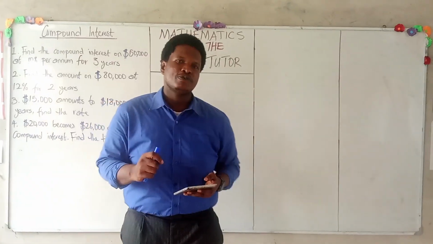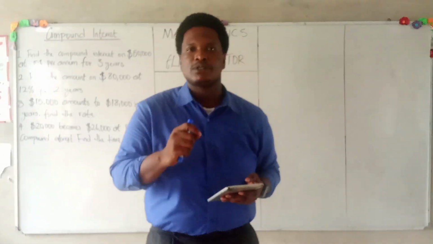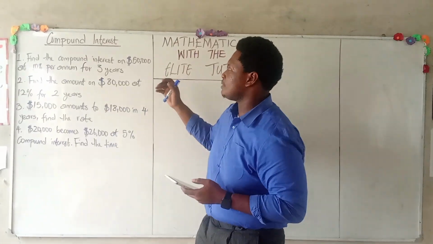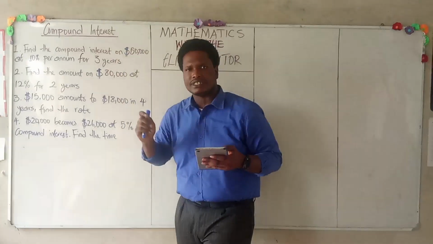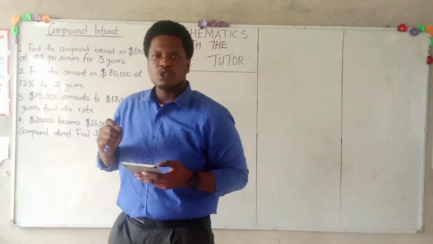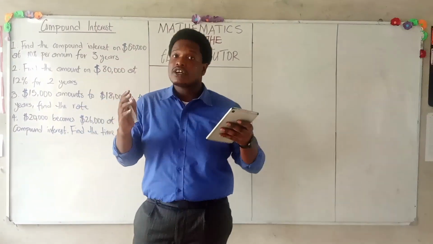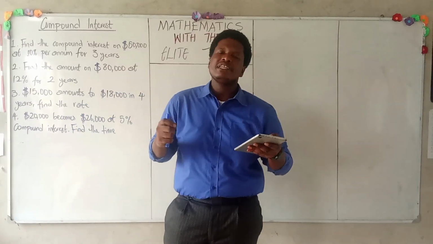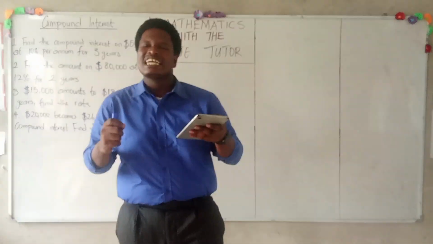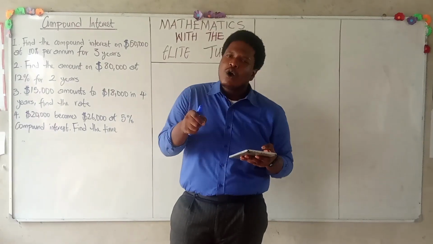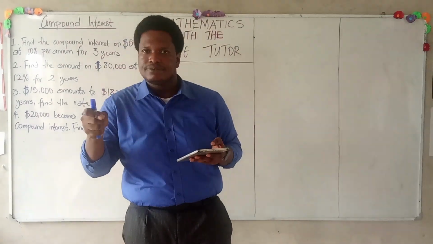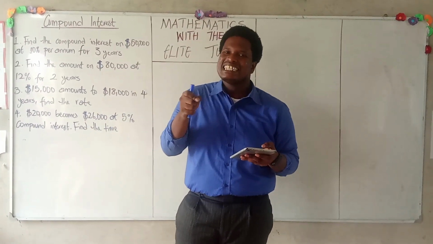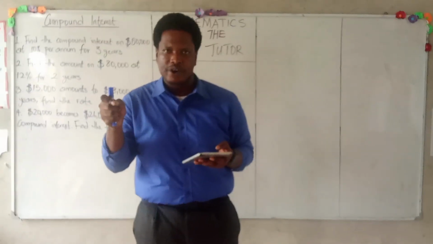And in today's video, we're going to be looking at an amazing concept, which is the concept of compound interest. Now listen, before we go solving, compound interest is simply the amount that is being calculated on the original money and the interest that has been added already.